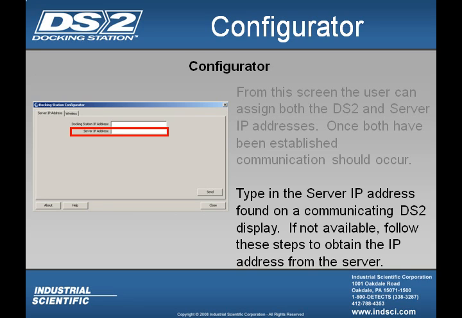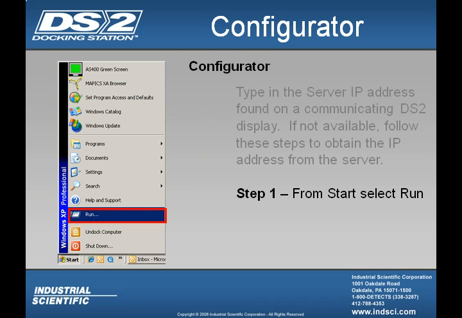But now I have to type in the server IP address, which can be found on an already communicating DS2 display. But if I don't have another DS2 display to read the IP address off of, I can follow these steps to obtain a valid IP address from the server. The first thing I'm going to do is select Run.